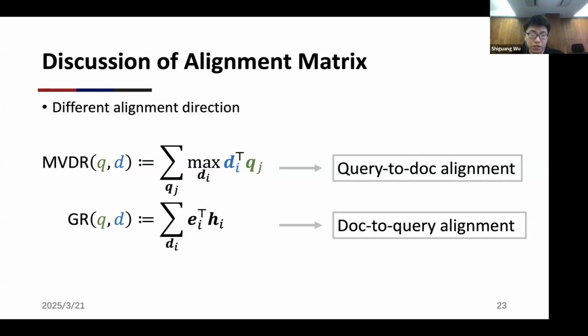For each query token, it finds the most aligned document token to contribute to the final score. But GR works in the opposite way. The score function sums over the document tokens, so for each document token, it has to find the best matching query token. So these two paradigms are quite different in how they do the alignment.